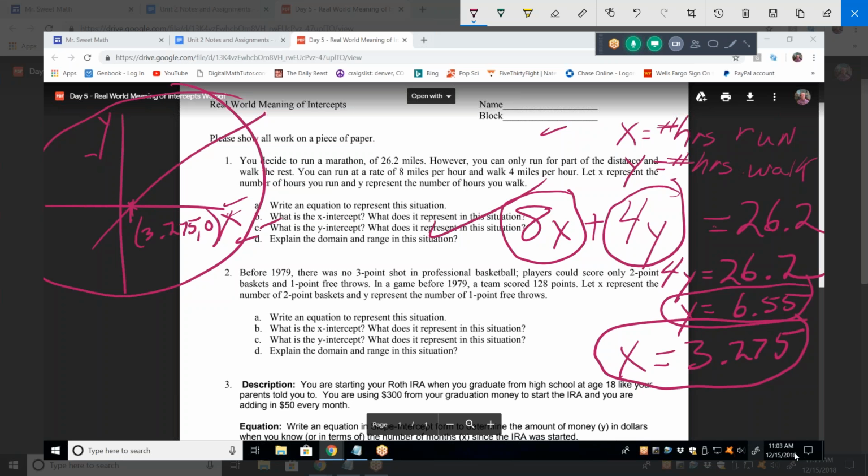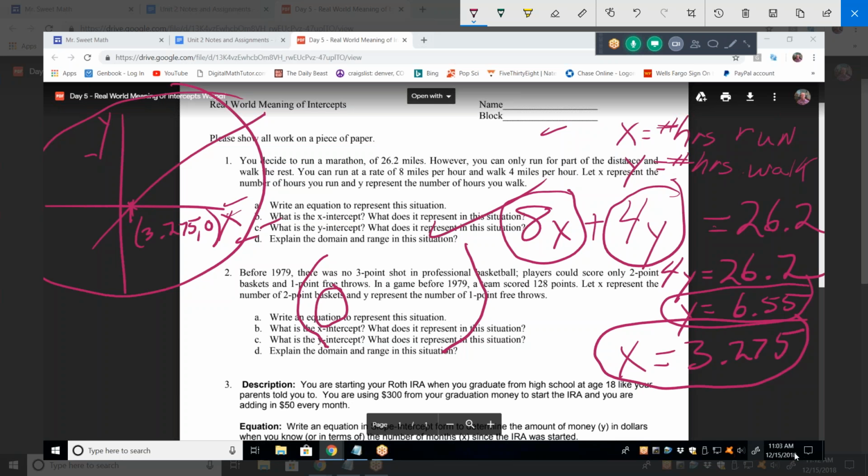Well, not in this case. In this case, think about it realistically. Can x be negative? No. Okay, can x be 0? So 0 to infinity? Hold on, can x be 0?